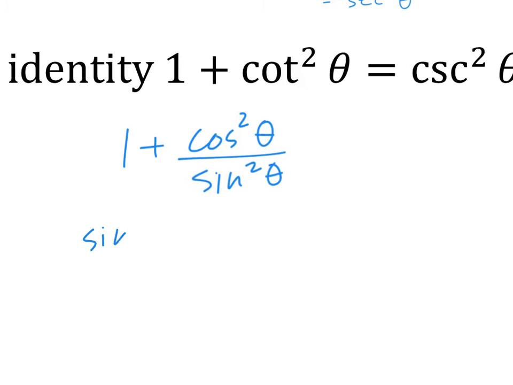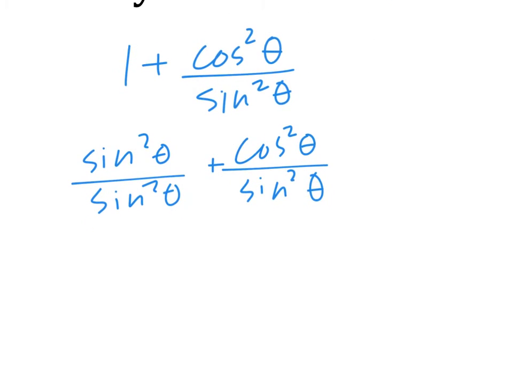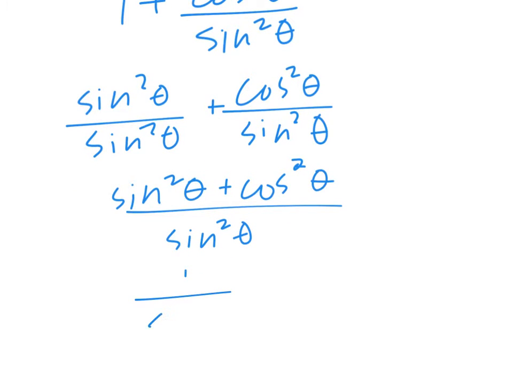So this becomes sine squared over sine squared plus cosine squared over sine squared. Of course, if you can do all this in your head, please skip steps. Sine squared plus cosine squared over sine squared. So this is 1 over sine squared, which is cosecant squared.